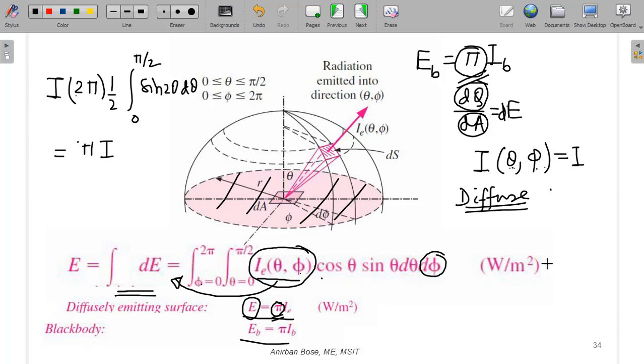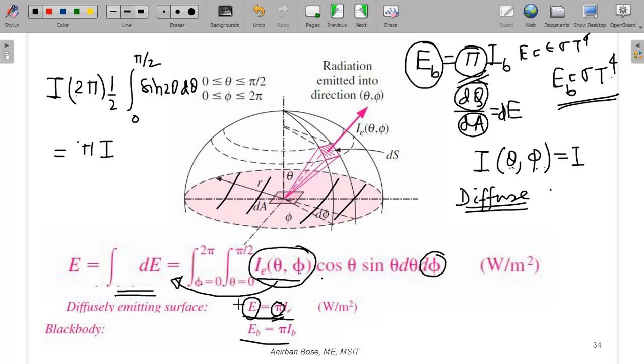So this is a very important relationship, and I think you remember what EB is. If the surface is an isothermal surface, from the Stefan-Boltzmann constant we know that for a black body it is sigma T to the power 4. If it is a gray surface, you can consider it is epsilon into sigma T to the power 4.